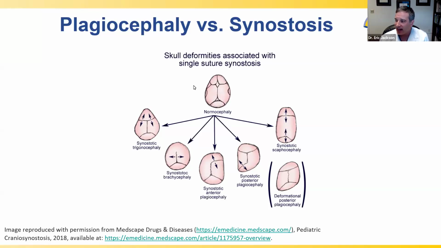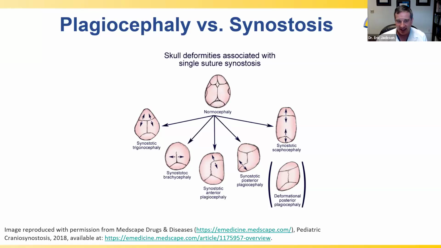And I think this is a good diagram that highlights the difference in head shapes based on the different types of fusion. For positional plagiocephaly, most commonly that's going to be confused with either coronal or lambdoid synostosis. And as we're going to get into, lambdoid is fairly rare, so most commonly it's going to be coronal synostosis because metopic and sagittal are a very different head shape than the straightforward flattening.